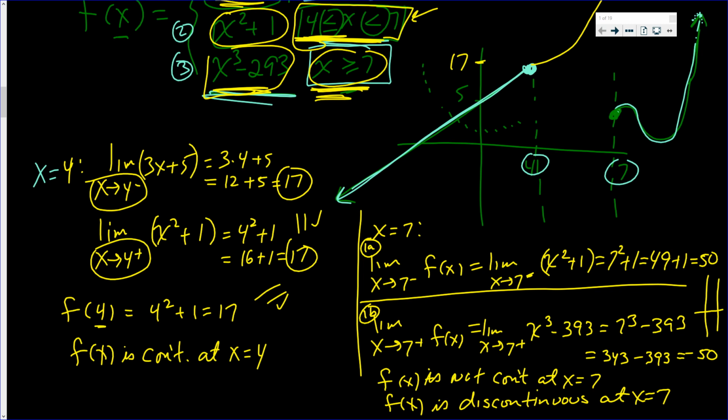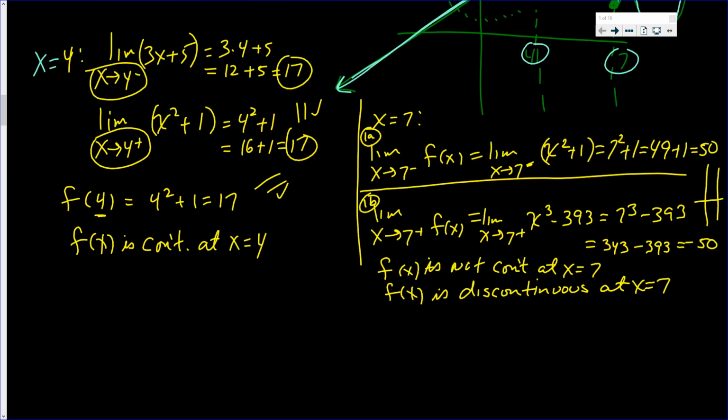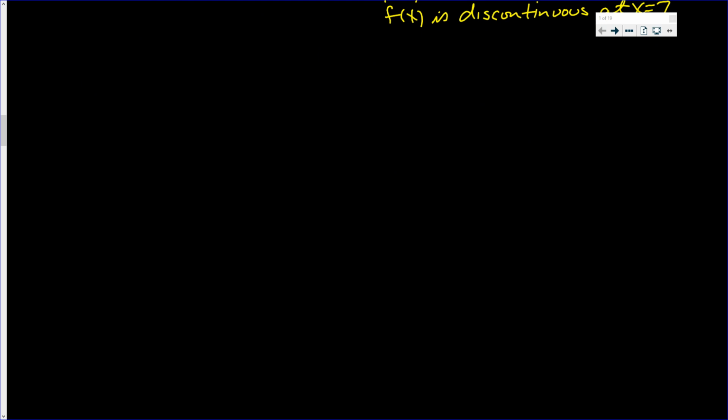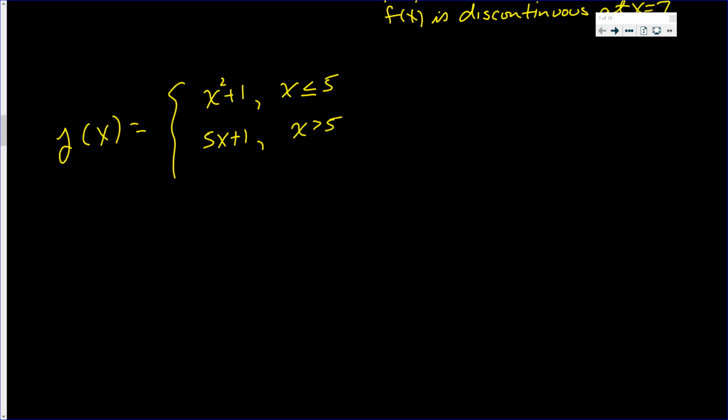Let us look at another function. Piecewise functions. These are the ones you're going to see where they talk about where a function is continuous or not. Suppose the function is j of x, and it equals x squared plus 1, but only if x is less than 5, or it's 5x plus 1 when x is bigger than 5.